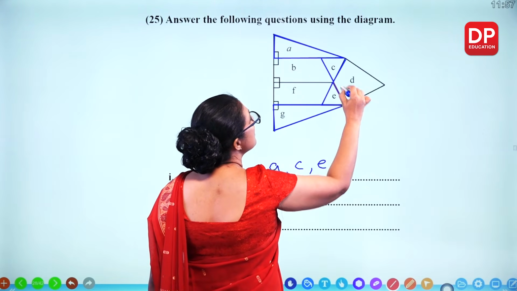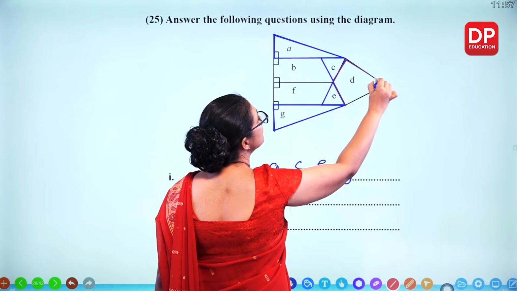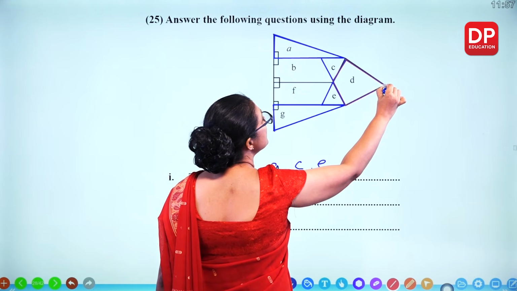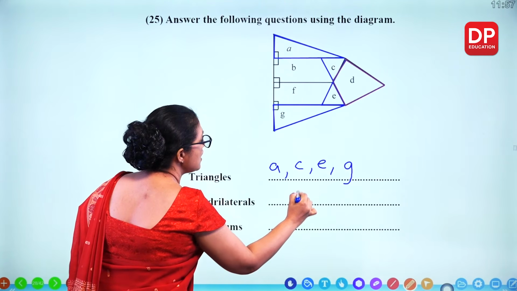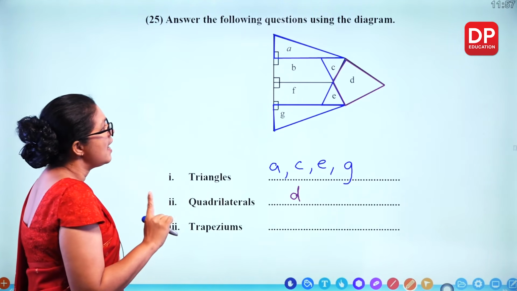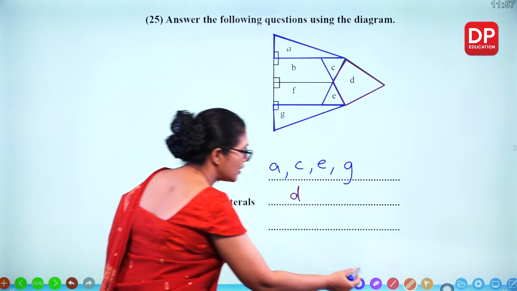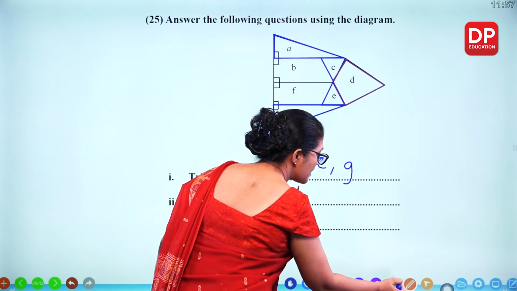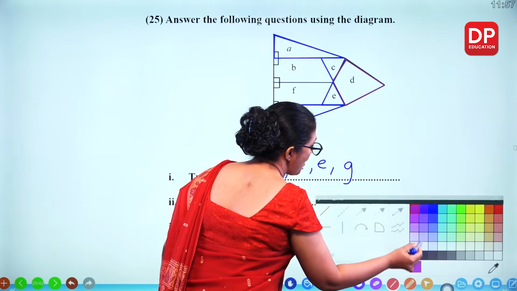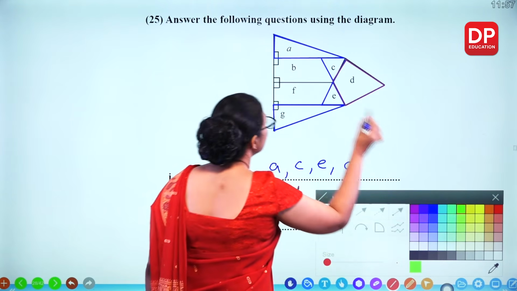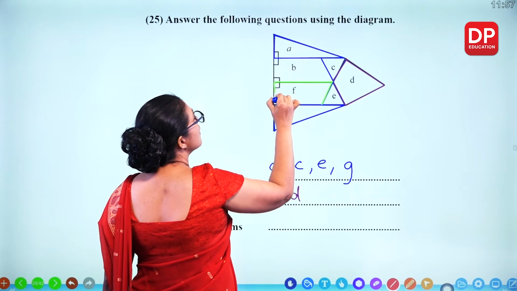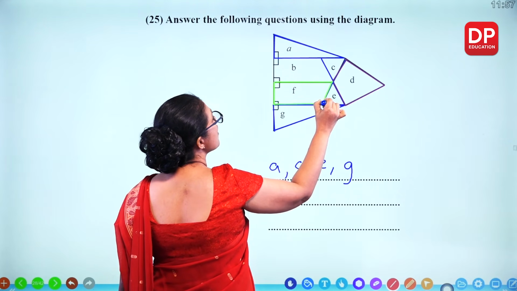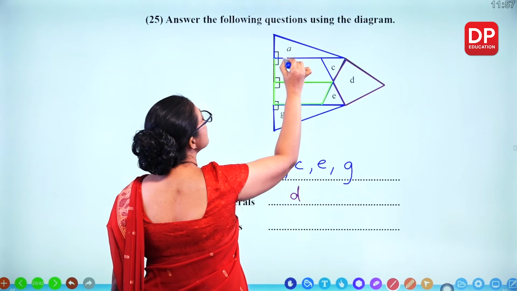D is a quadrilateral, a 4-sided figure. So D I'll write for quadrilateral, and B and F I can write as trapeziums. Here, F, this trapezium, and this trapezium.